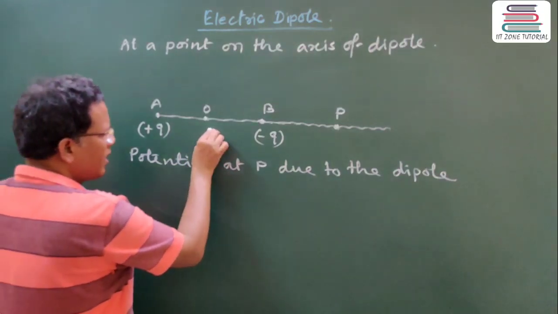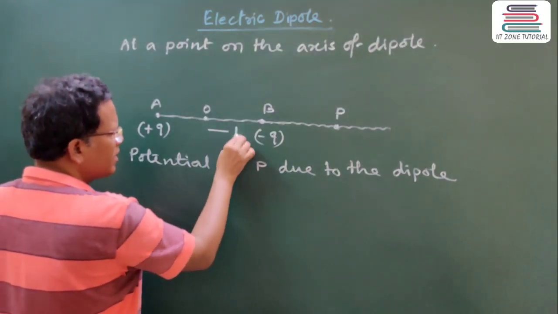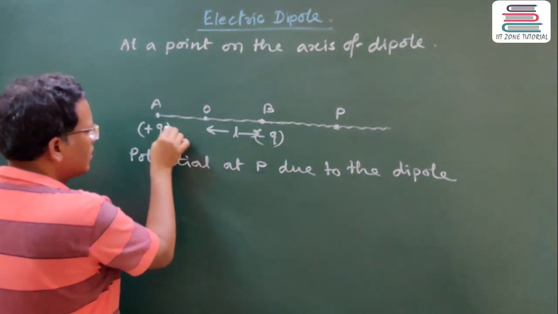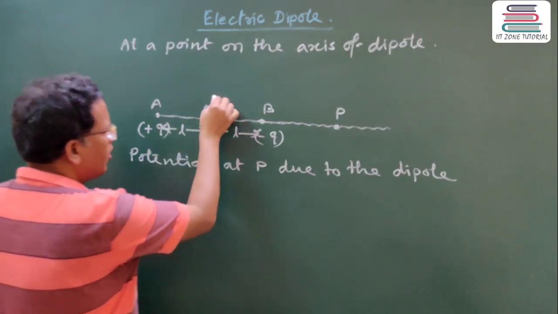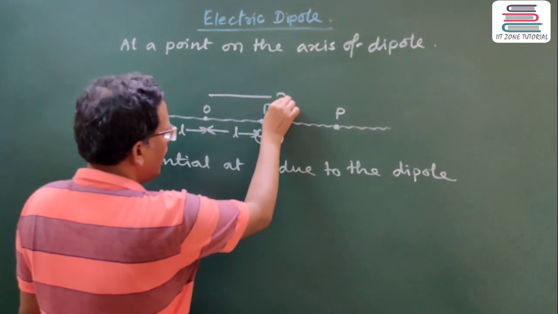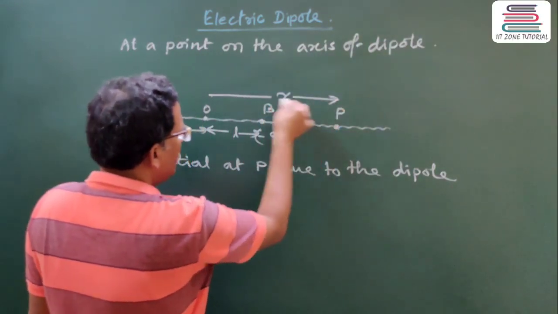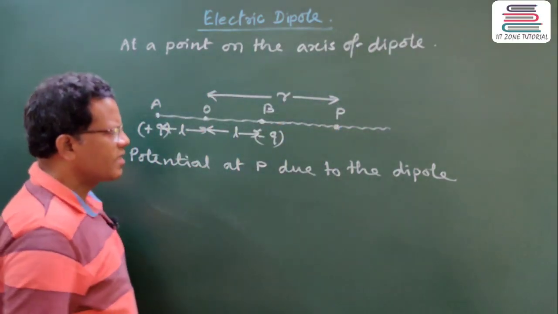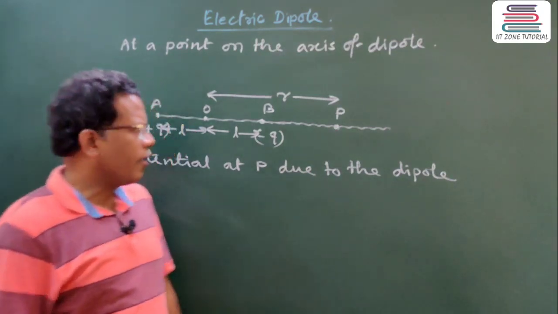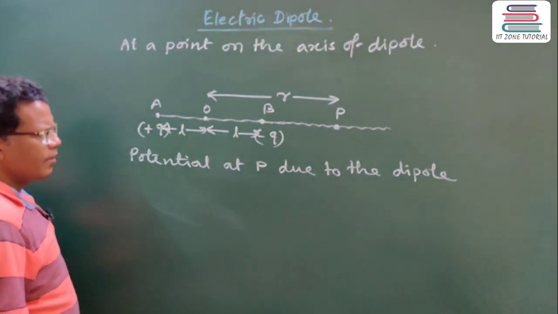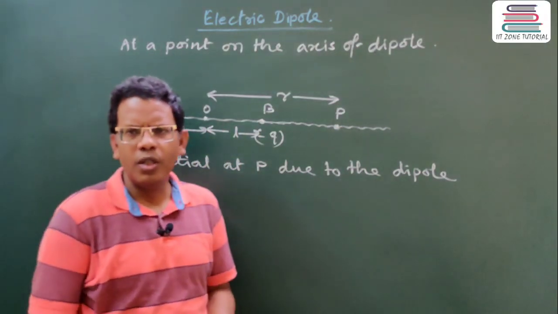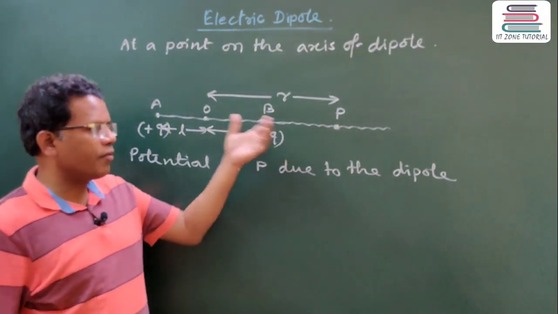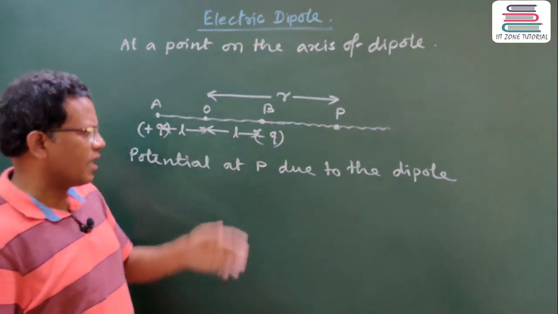From the general convention, this distance is L, this distance is also L, and from the center of the dipole up to the point P, we take a distance r, because the dipole length is very small compared to the distance of the point from the center of the dipole, which is r.